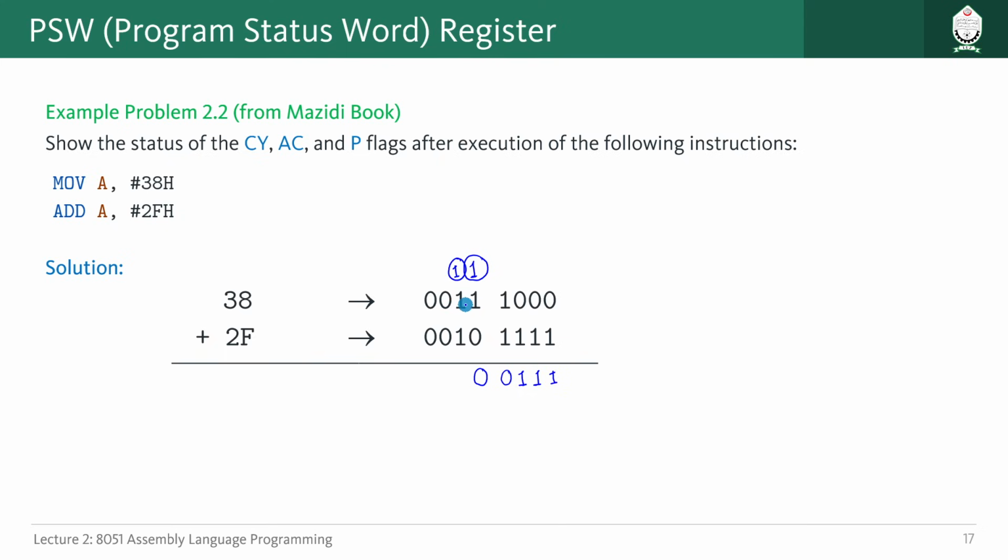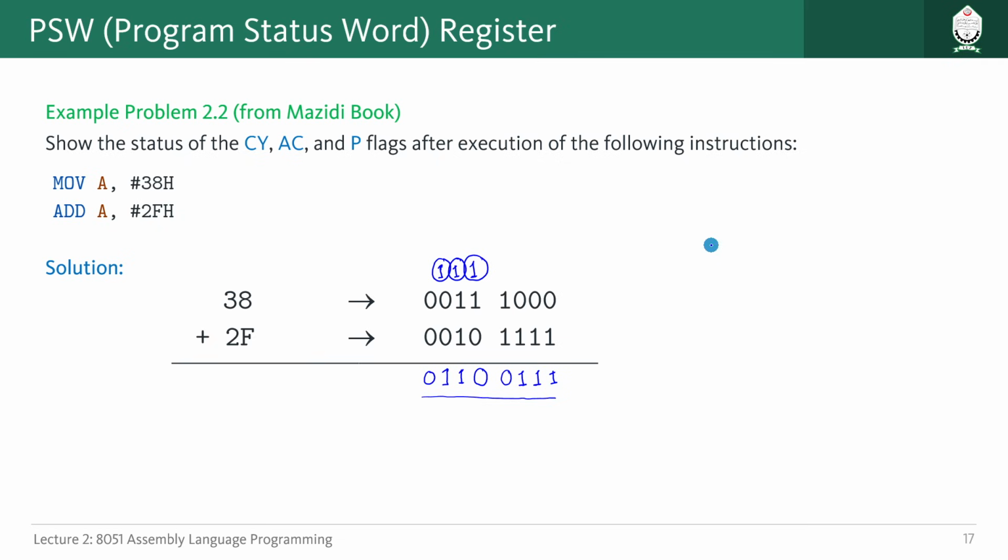So 1 1 1, 3 ones equal to 1 1 in binary, so the LSB 1 should be kept here and we can have a carry here, right? And now we have only 1, so these 2 zeros should be equal 0. So this is the result, right? So after this execution of 2 lines, register A will have this content, right?